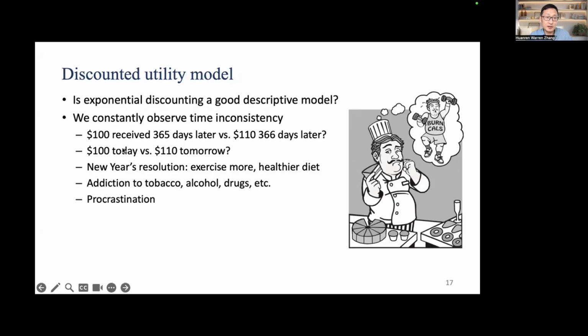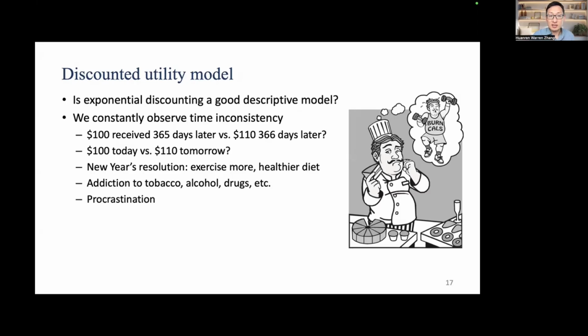Right? So here is one example: $100 received 1 year later, 365 days later, versus $110 received 366 days later. So $100 received 1 year later, $110 received 1 year plus 1 day later.